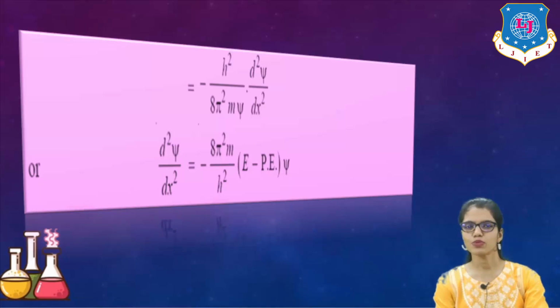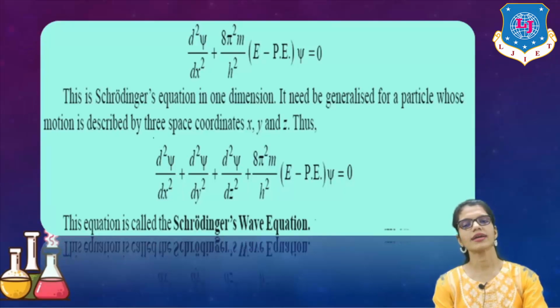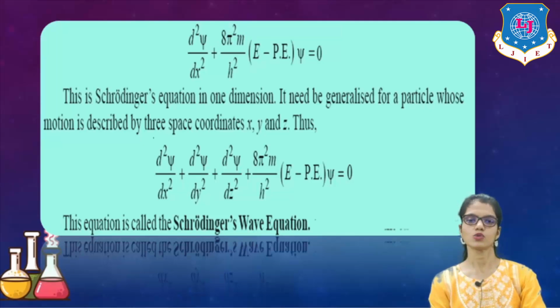We have just put the value of KE here, which is E minus P. Okay, now we can write it like this: d square psi by dx square plus 8 pi square m divided by h square into E minus PE into psi is equal to 0. This is Schrodinger's equation in one dimension.